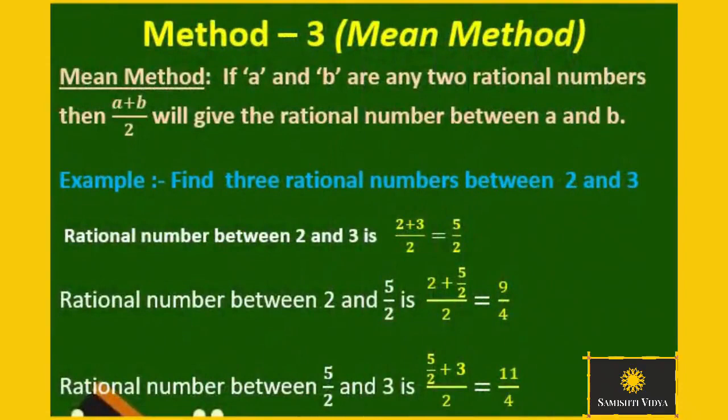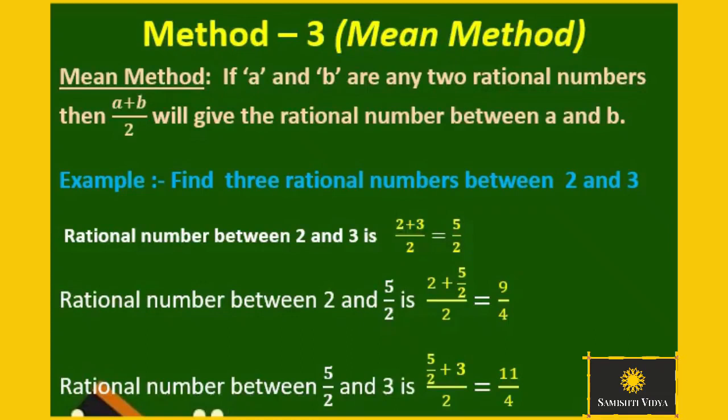Now, here comes the most interesting method, that is the arithmetic mean method or simply the mean method. My dear Slaters, can you tell me how you find the mean of two numbers a and b?